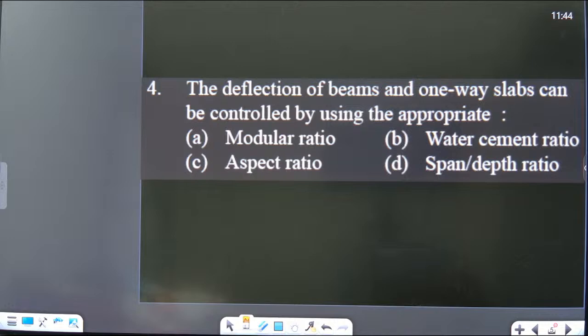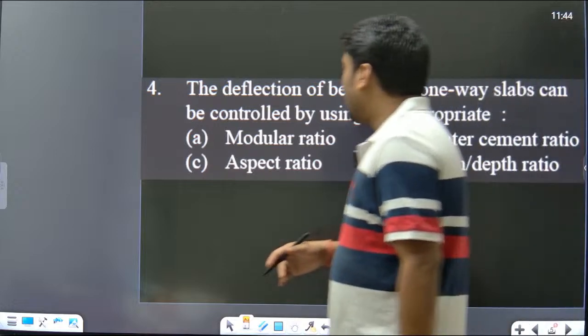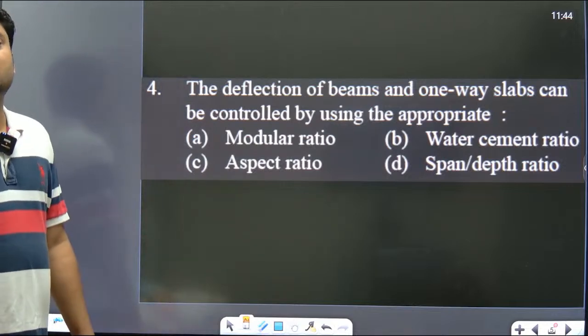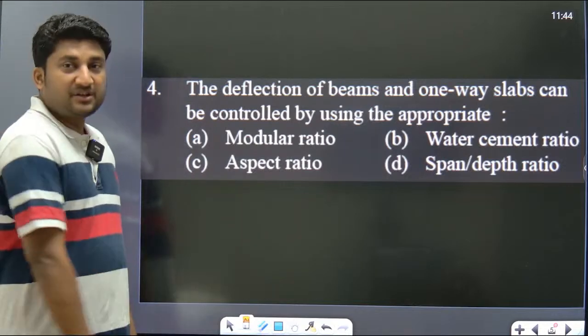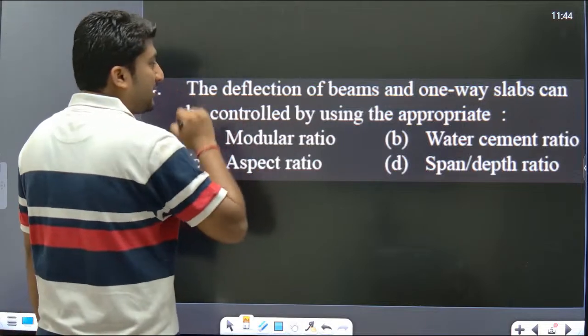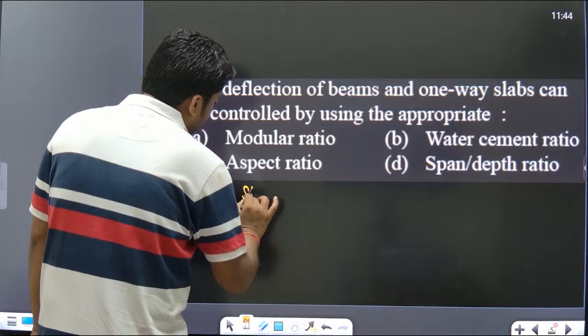What will be the correct answer? This is a very simple question. Now, the deflection of beam and one-way slab can be controlled by using... So deflection of the beam, now this is a serviceability criteria.